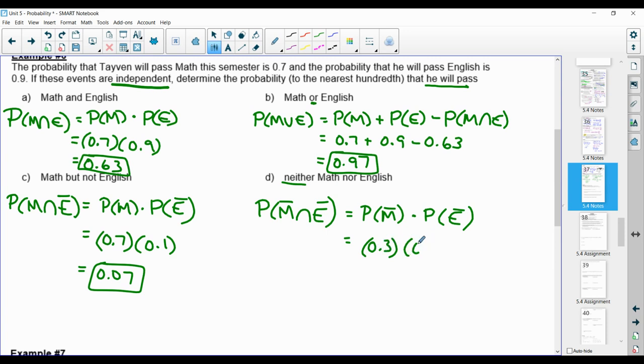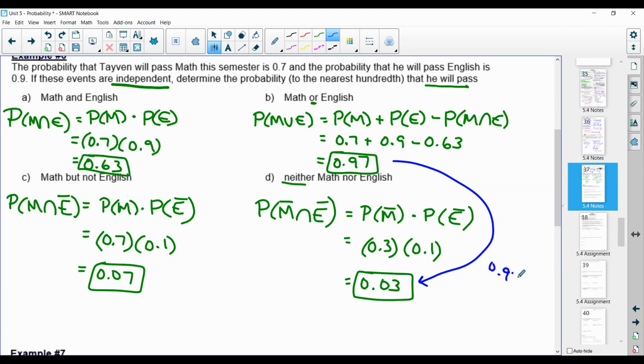And the probability of failing English is 0.1. So when we multiply those out, we get 0.03. So a 3% chance of failing, which makes sense because if you look up here, we have a 97% chance of passing, then we should have a 3% chance of failing. So 0.97 plus 0.03 equals 1, or 100%.